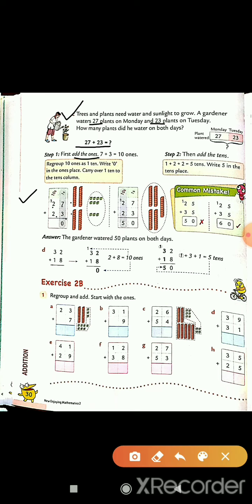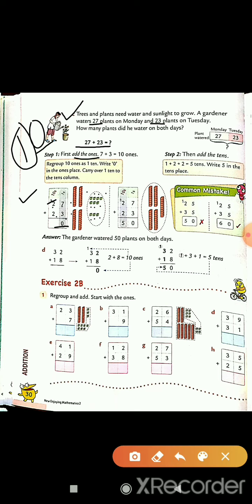So count them together. 1, 2, 3, 4, 5, 6, 7, 8, 9 and 10. So we got 10 ones. Now we have to regroup 10 ones as 1 ten. So write 0 in the ones place and carry over 1 ten to the tens column.